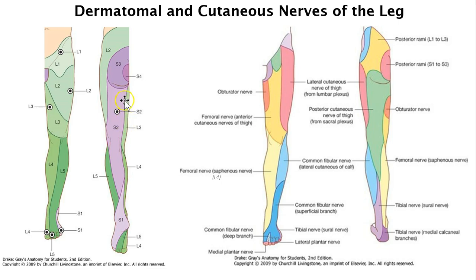Medially, we can see that there is this L3 distribution and laterally an L2 distribution. If we can see where that L2 distribution came from, as the L2 nerve root comes down and innervates much of the upper anterior thigh, there is this wraparound on the lateral side of L2.